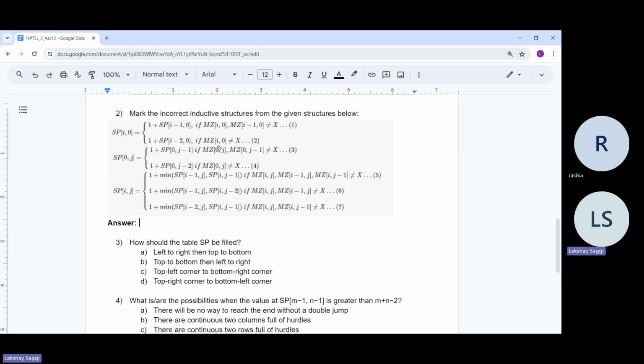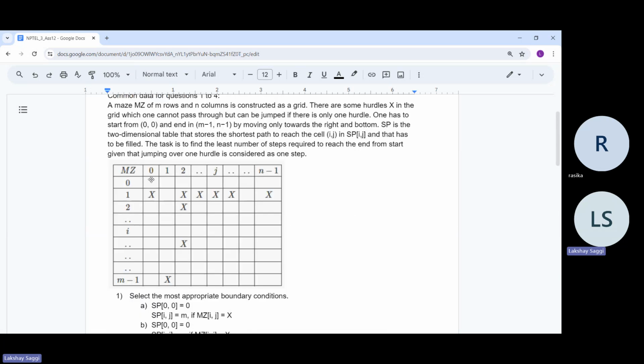So let's think of this together, guys. The first inductive structure says that we are setting the value of SP[i][0] first of all. SP[i][0] effectively states the length of the shortest path if we want to go from 0,0 to something like i,0.